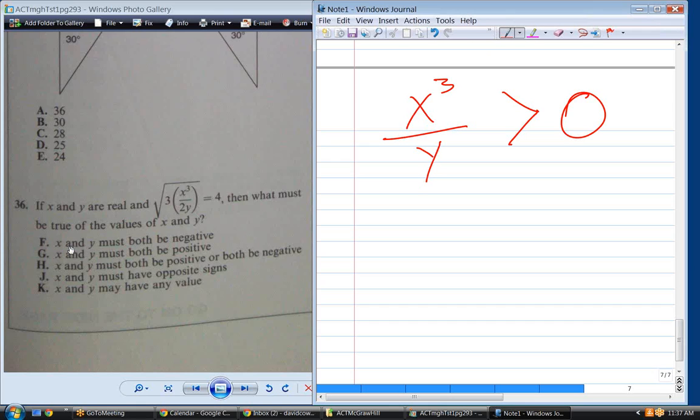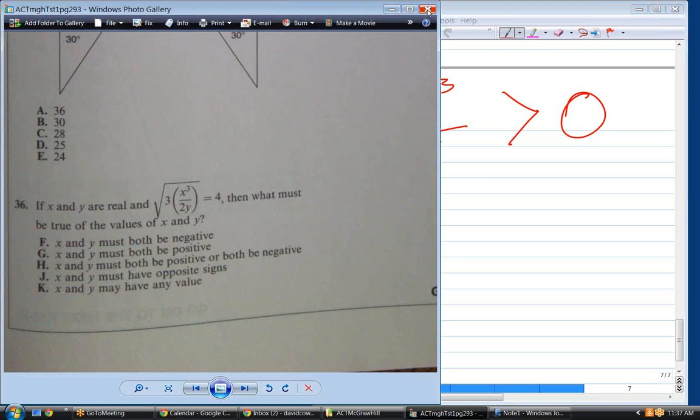So obviously F and G aren't going to work because we know they can both be negative or they can both be positive. Now let's go down. H. Perfect. They must both be positive or they must both be negative. All right.